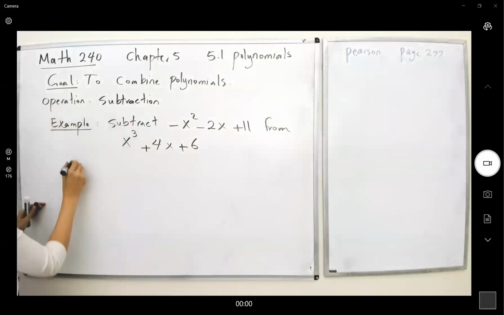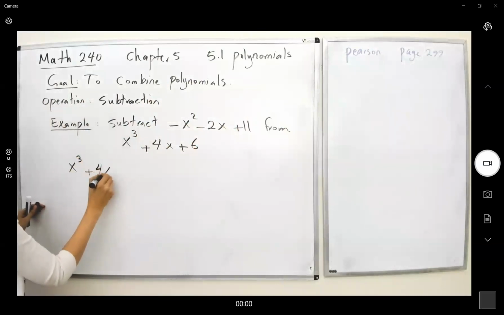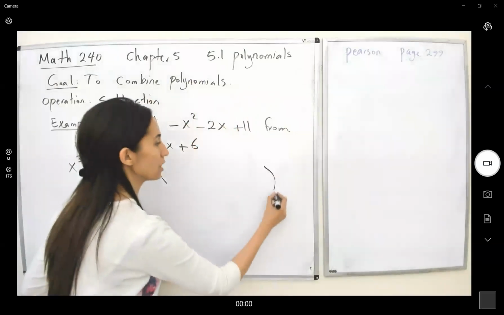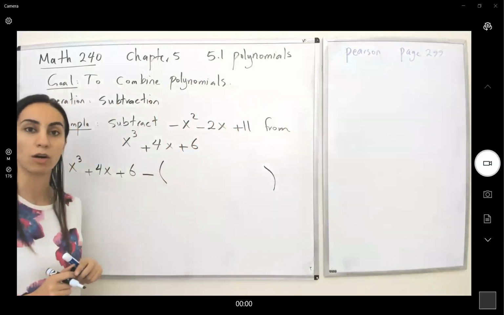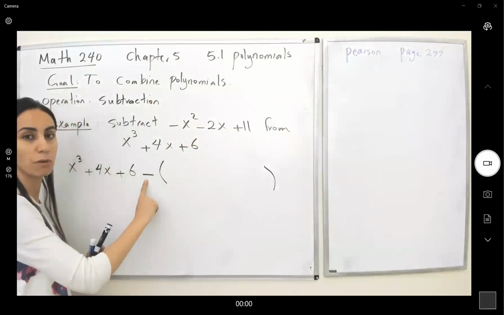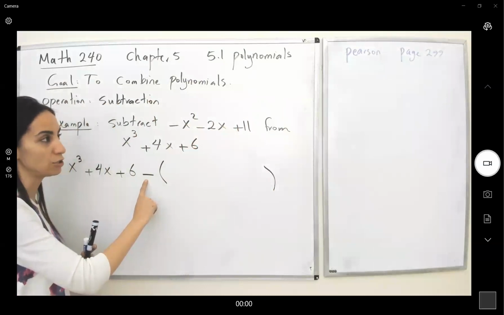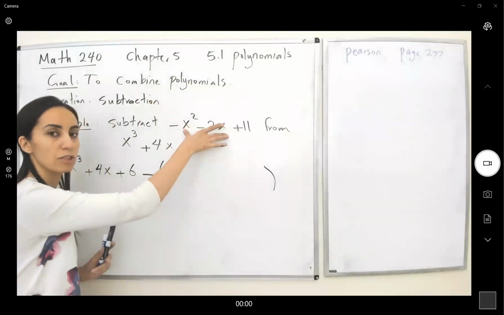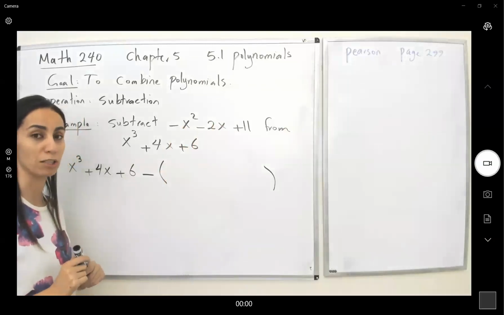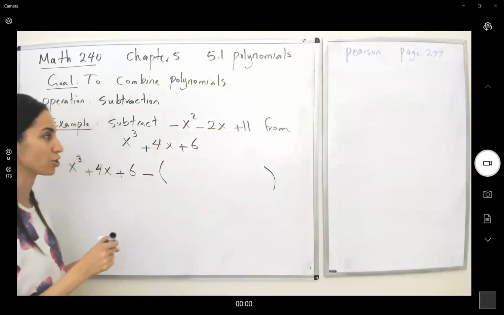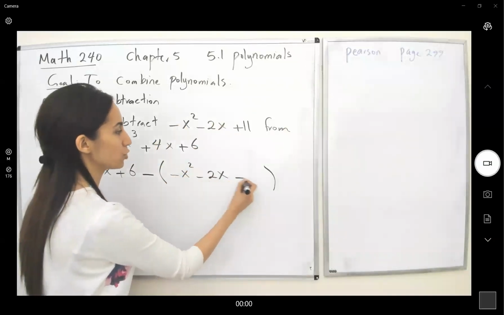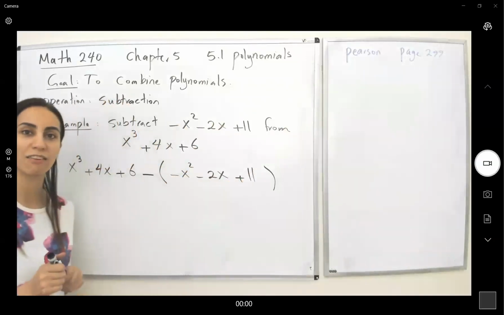It's going to be x cubed plus 4x plus 6 minus, let us put the polynomial into parentheses. Why is that? Because we have to distribute the minus sign into the parentheses. It will change all of the signs in this expression. Here we have minus x squared minus 2x plus 11.